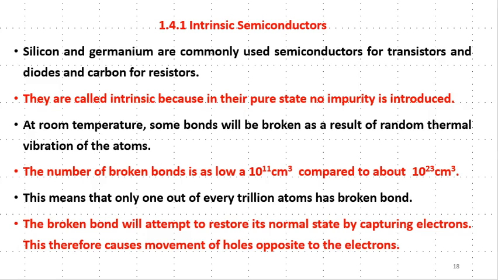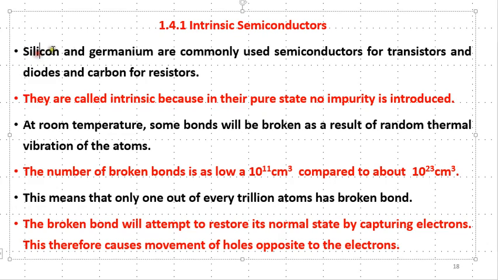Now, we have seen that we can have pure semiconductors which are intrinsic, we didn't introduce any foreign substance to them, and we can have impure which are called extrinsic, we introduce an impurity to them. So now, the pure ones, as we have already seen, are either silicon or germanium, and they are the ones that we use for fabricating our transistors, our diodes, and also carbon resistors.